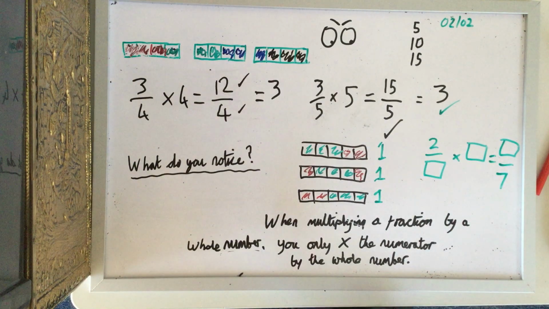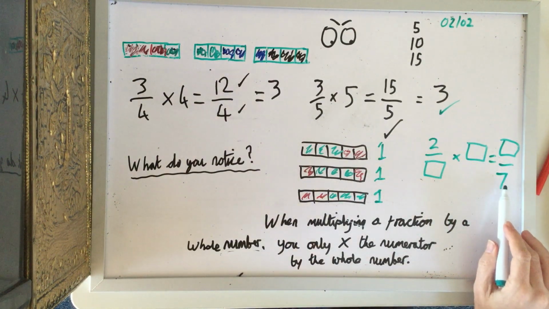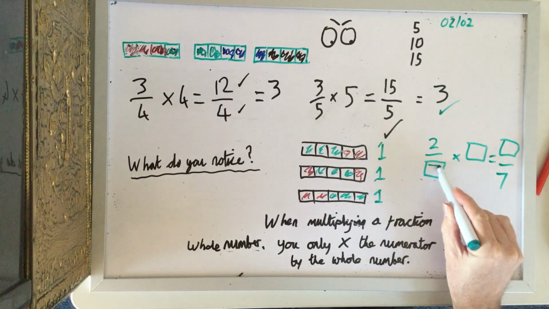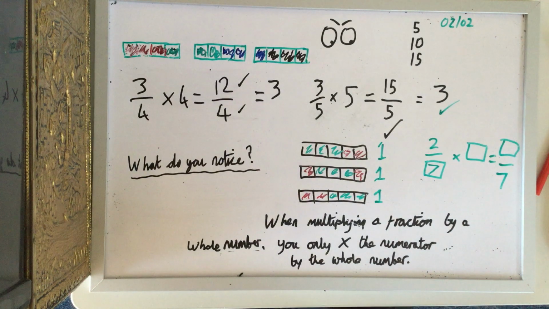If you have a denominator here and we're multiplying by a whole number, you know this one is going to be the same. That can start you off on the problem because you can rule out a couple of the possibilities. So if you get a chance to get onto that challenge task, just try and bear that in mind as you go along.